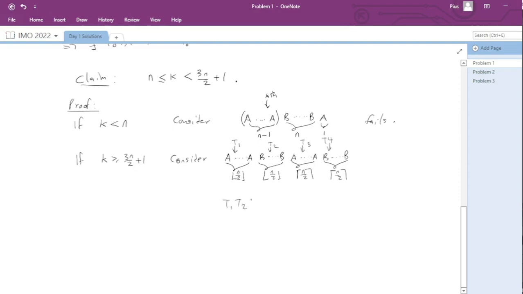So I want to show that we're going to just end up having a structure like this: T2, T3, T4, T1, and then it's going to come back here.